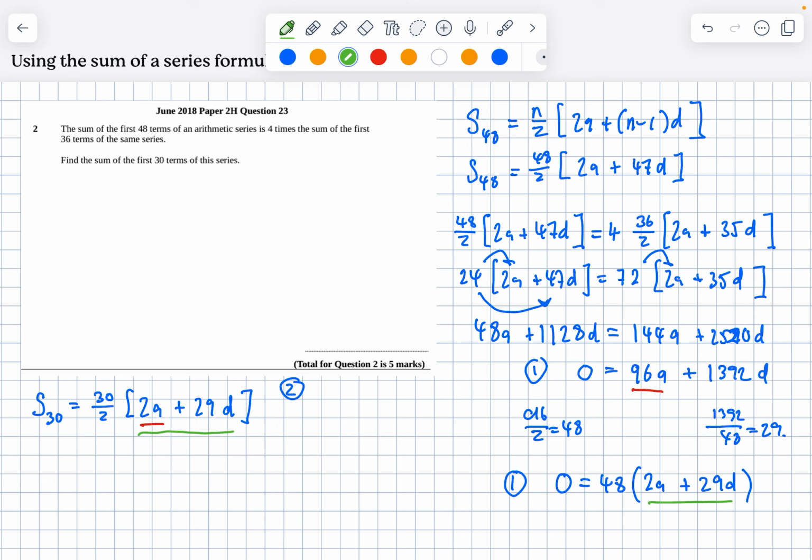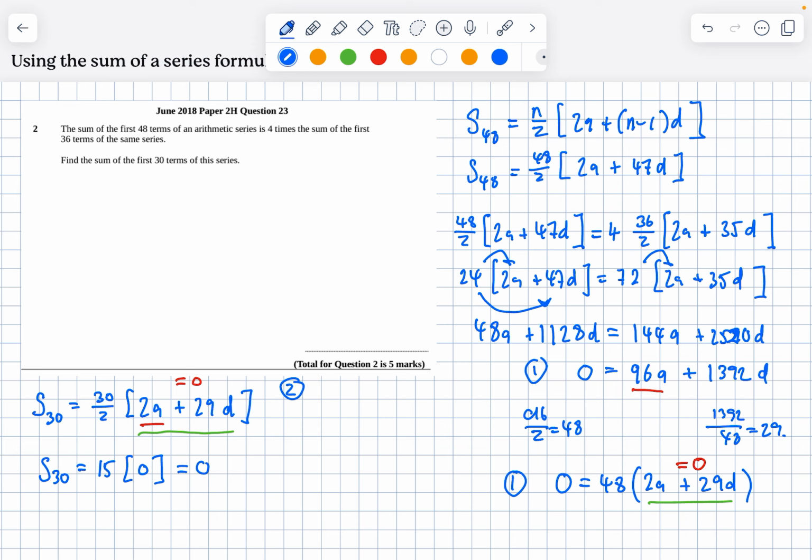Well, 48 times my bracket is 0, and 48 is definitely not 0, so the bracket must be equal to 0. If that bracket is equal to 0, then this bracket is equal to 0, and that means that the sum of the first 30 terms is equal to 30 over 2, 15, times 0. And therefore, it's equal to 0.